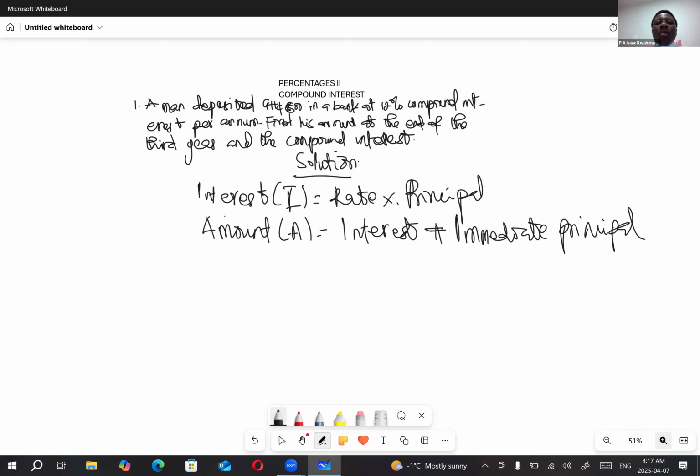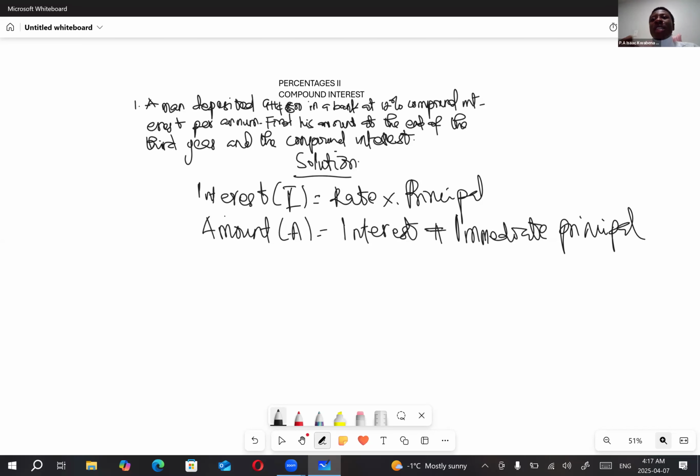Now, the question says, find the amount at the end of the third year and the compound interest. So the question needs you to find, since he's coming with 800, if he decides to save with the bank for 3 years, how much will be his money?